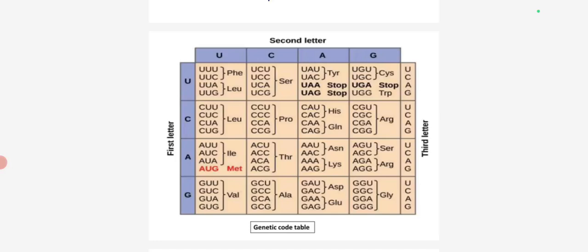The first position is U, C, A, G, the second position is also U, C, A, G, and the third position is also U, C, A, G. In this way, the three positions can be written alternately: first position U, second position U, third position U; first two positions U, third position C; first two positions U, third position A; first two positions U, third position G. In this way, alternately, we can arrange the first, second and third letters, and we get a total of 64 codons.